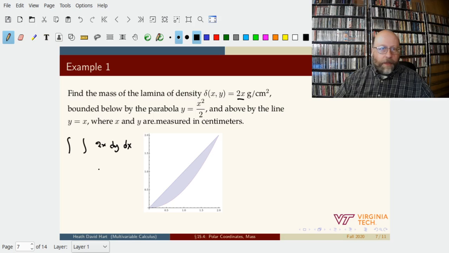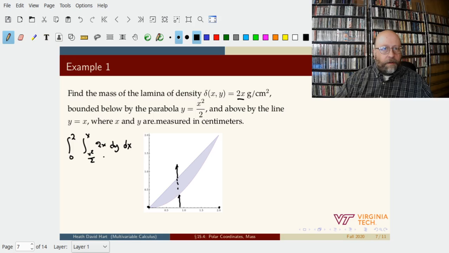On the outside, we put our endpoints for x. The smallest x is at 0. The largest x is at 2. Then we travel in the y direction. We enter along the function x squared over 2. We leave along the function x. Okay? So this is the setup. This is going to give us the mass of the lamina.